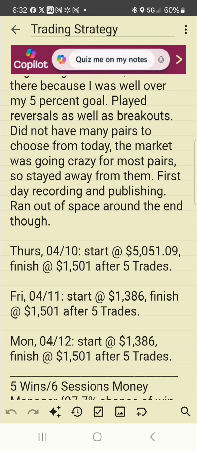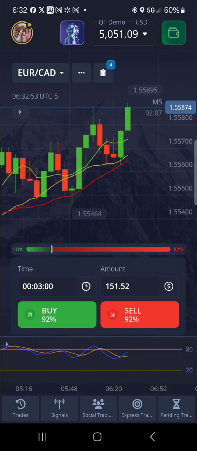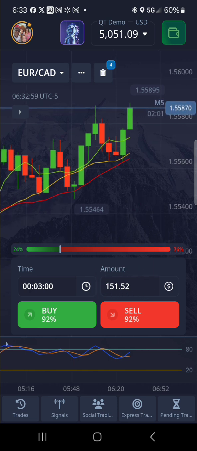I already did that yesterday, last night. Put in the amount, and then get back here, put the amount right there, which I've done that already as well.